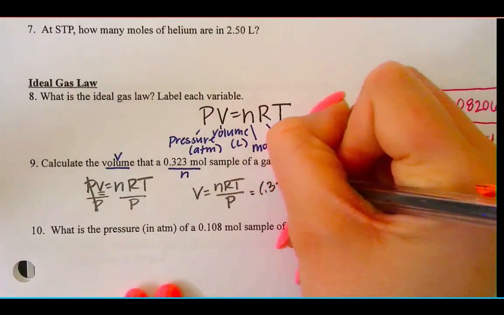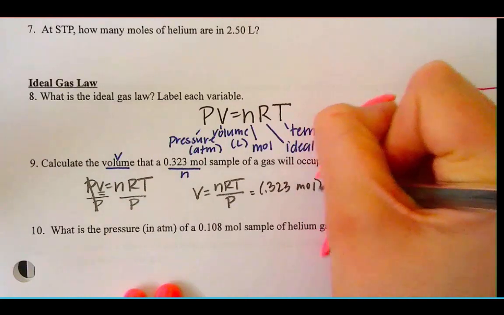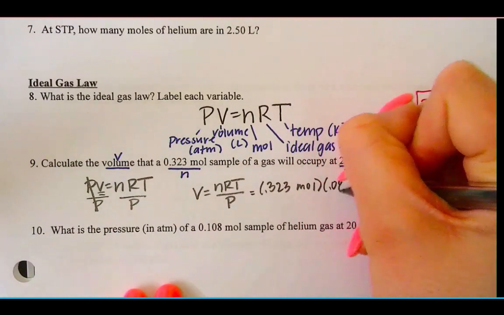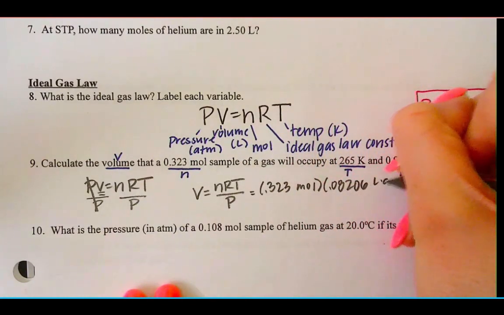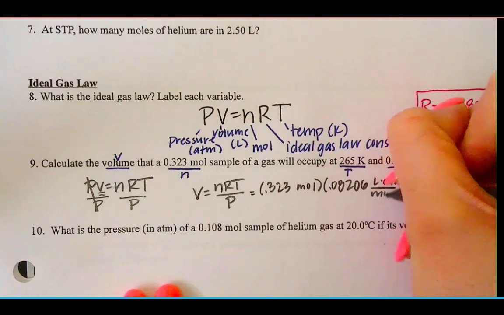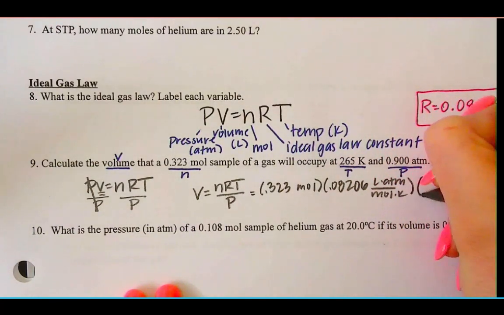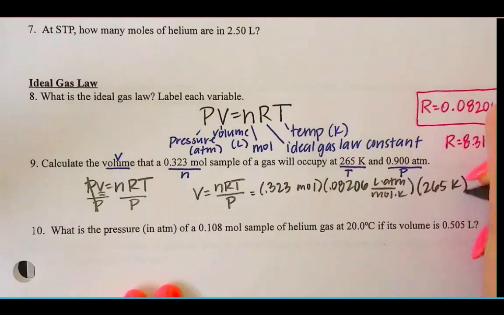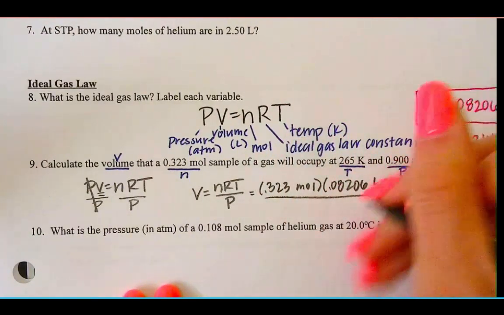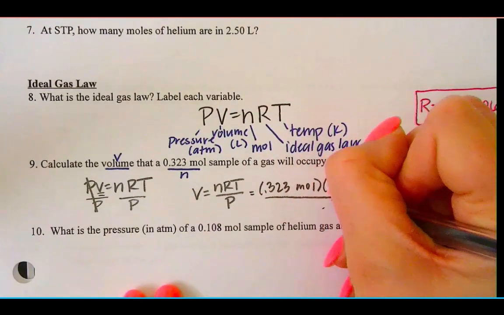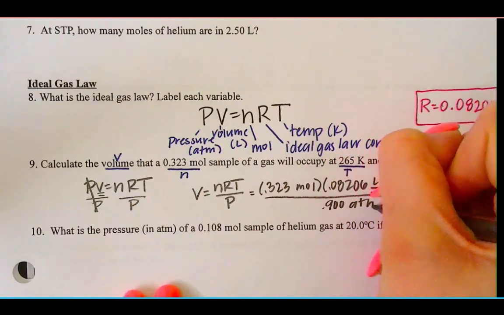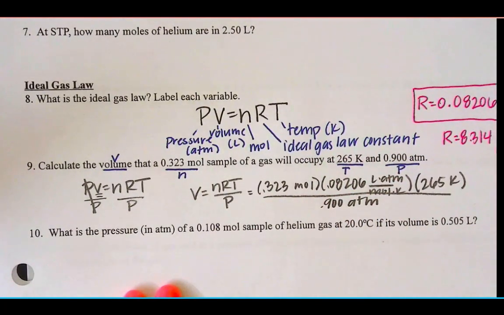So 0.323 moles, 0.08206 liters times ATM over moles times Kelvin, 265 Kelvin, and 0.9 ATM. I'm just showing how the units cancel.